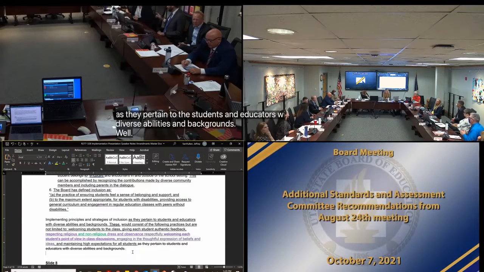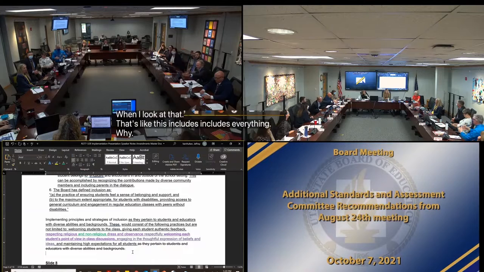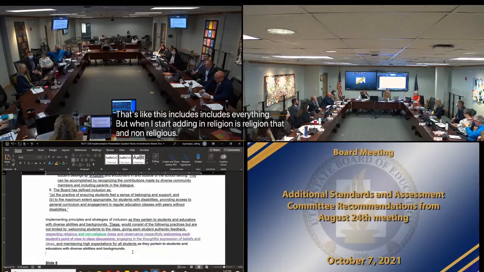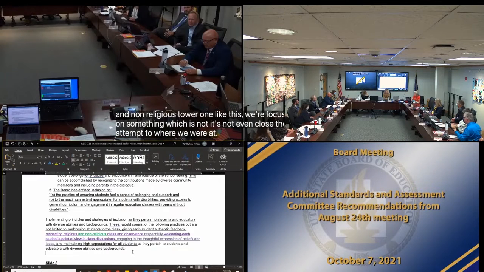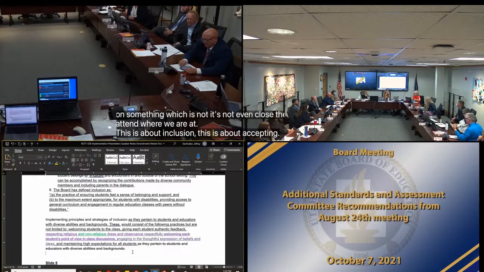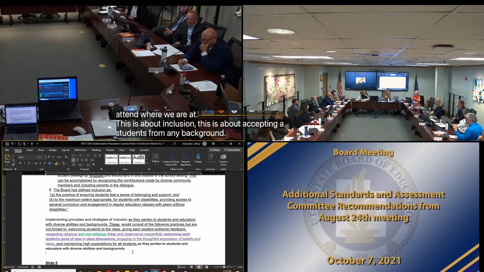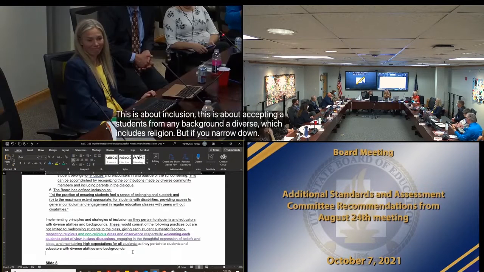When I look at that, it includes everything. But when I start adding in religion this, religion that, or non-religious, now we're focusing on something which is not even close to the intent of where we were at. This is about inclusion. This is about accepting all students from any background, any diversity, which includes religion. But if you narrow it down to religion, now it doesn't include that.